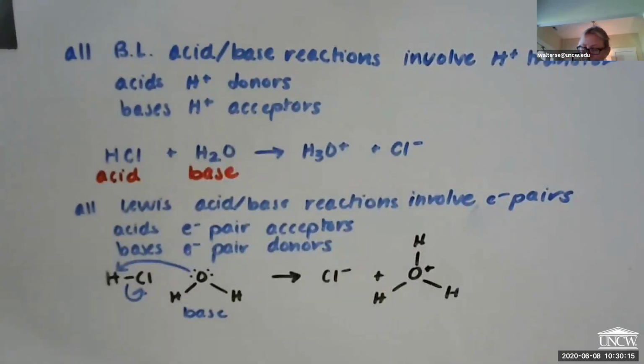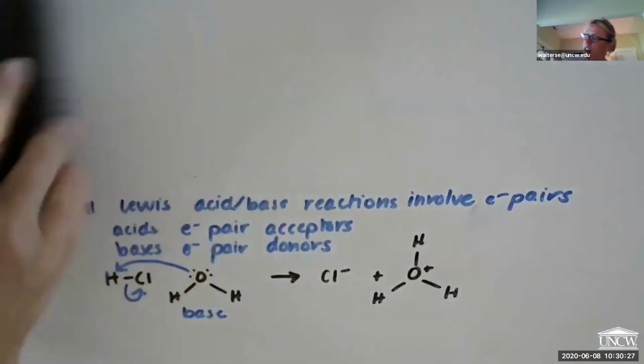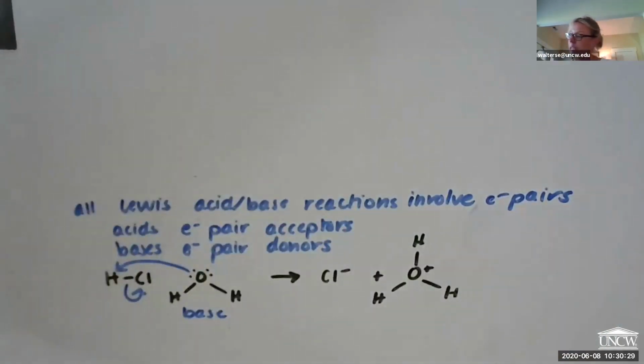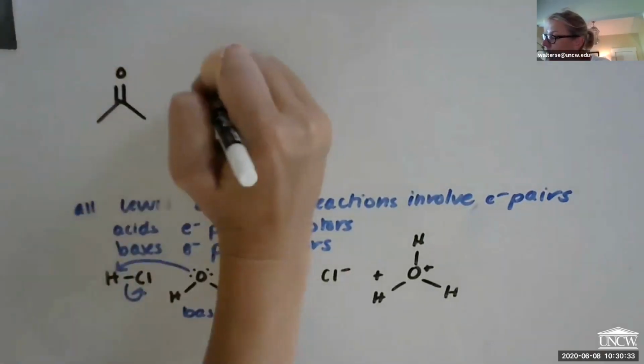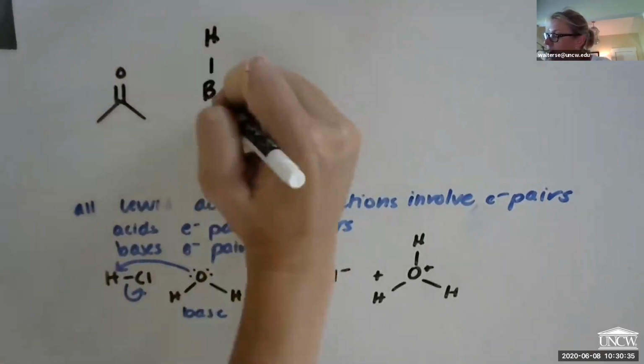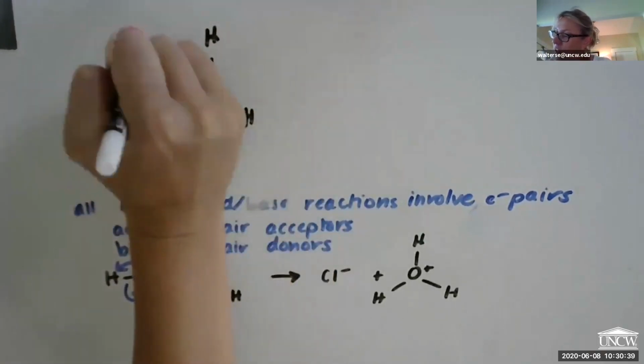Okay. So all Bronsted-Lowry acid-base reactions are Lewis acid and base reactions. But you can have Lewis acid and base reactions that don't involve the transfer of protons, just the transfer of electron density.